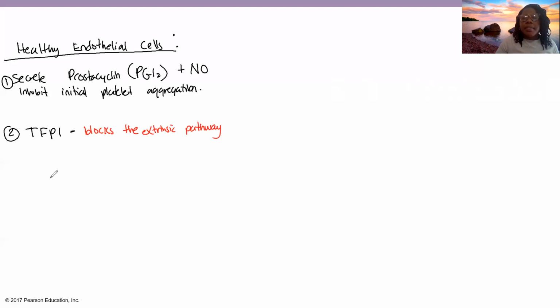Okay. And then the third way was thrombomodulin. And thrombomodulin is going to block both pathways. This can be, again, converted into protein C, and that has an anticoagulatory effect, but it blocks both of these pathways. Okay, so thrombomodulin blocks both intrinsic and extrinsic pathways.